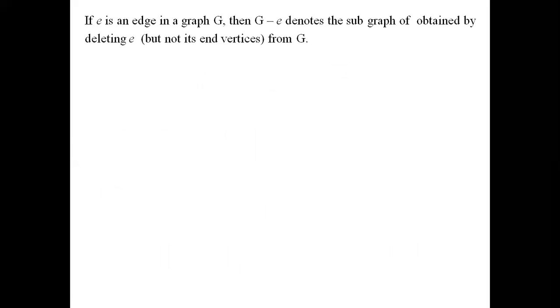If E is an edge in a graph, then G minus E denotes the subgraph of G obtained by deleting E but not its end vertices from G. So suppose we want to delete a particular edge, say E, from the graph G. Then G minus E denotes the subgraph of G which is obtained by just deleting the edge E. But we are not going to delete its end vertices.